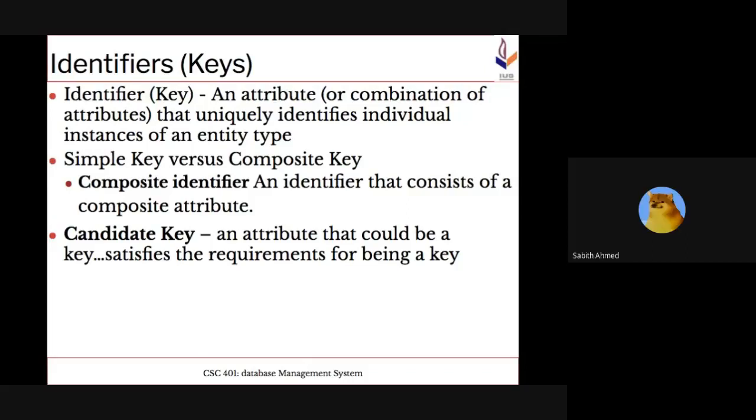No? Are you sure? Think about it. Does a student not have any other attribute which has all the requirements to be the primary key? It's not the primary key, but it has all the requirements to be the primary key.